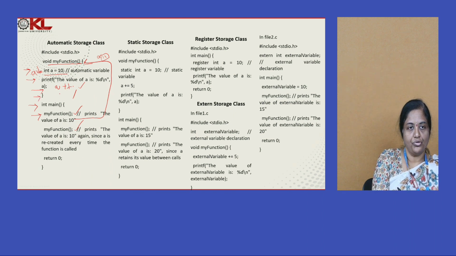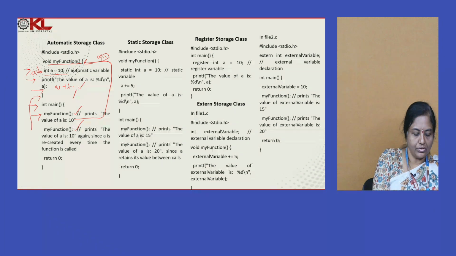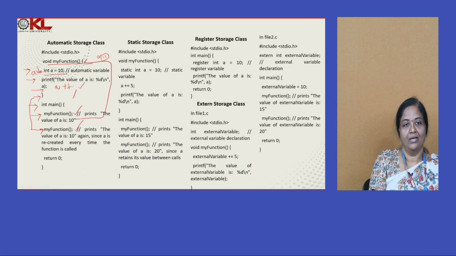Once the called function reaches the end, it must return to the next statement that follows its function call. Therefore, after executing this, the control goes to the next statement after the function call. Once again, it is a function call. The moment the control sees a function call, it is a high priority interrupt.